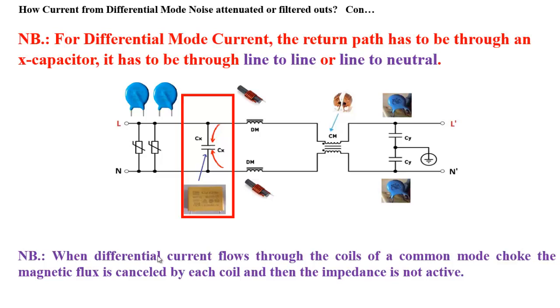When differential noise current flows through the coils of a common mode choke, the magnetic flux is cancelled by each coil, and then impedance is not active. So for differential mode noise current, here the impedance is cancelled by each other, so there is no action here.